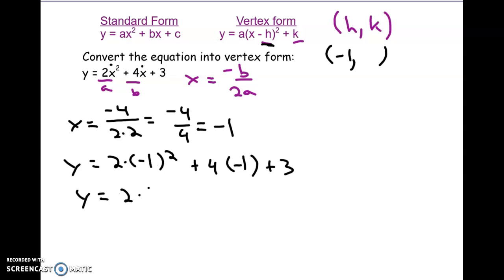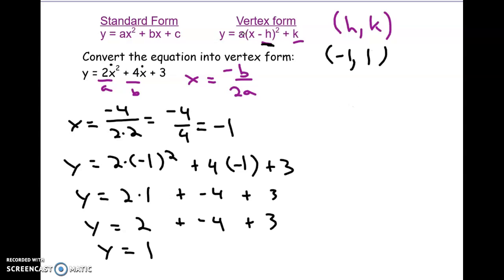So this is really 2 times 1, or just 2, sorry. Okay, and then this middle part, 4 times negative 1 is just negative 4. Okay, so I'm doing some of the steps together here. And then from there, just go left to right. All right, now we're going to do 2 plus negative 4 plus 3. So I think that should all come out to be positive 1 for y.